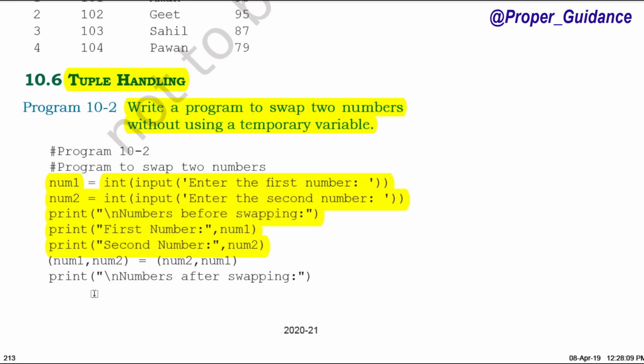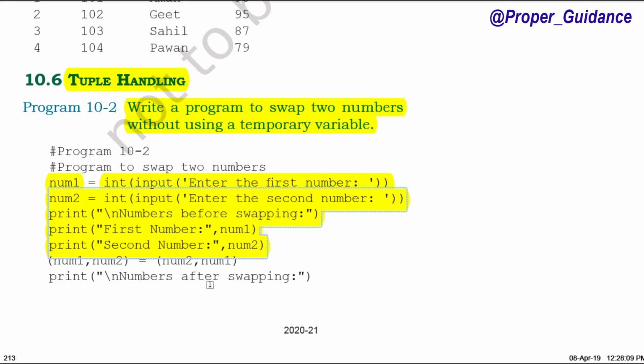And next line, num1, num2 equals num2, num1, because we are swapping these numbers. Num1, num2, this section is a tuple, because they are in parentheses. Same thing on the right hand side, we are assigning.